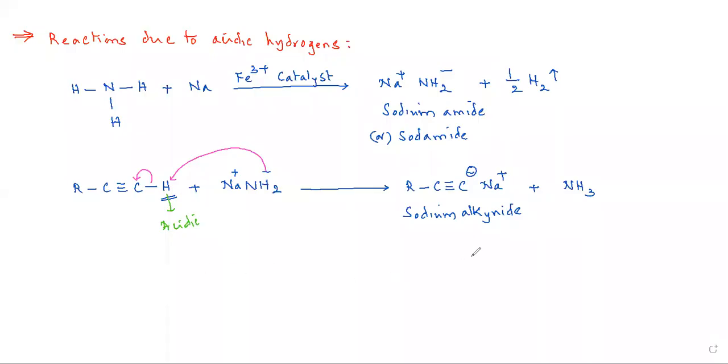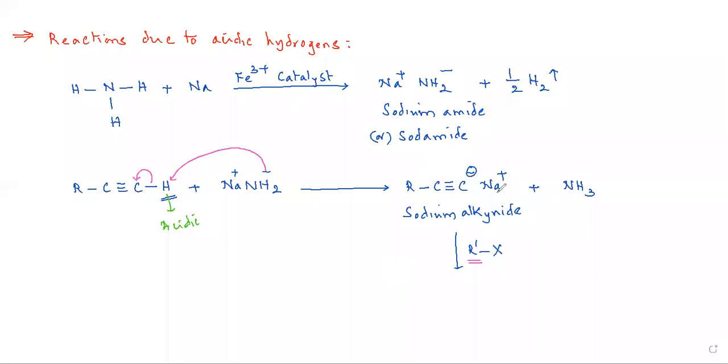Now the interesting thing is this sodium alkynide is actually used for the preparation of higher alkynes. When this is treated further with an alkyl halide with a different alkyl group, depending on the number of carbon atoms that you require in the higher alkyne, you can consider an alkyl halide here.